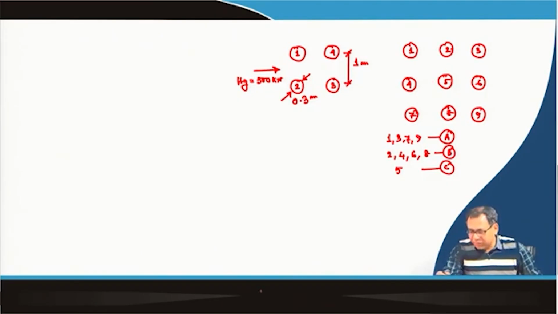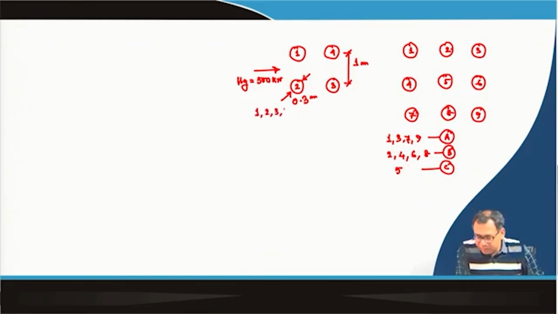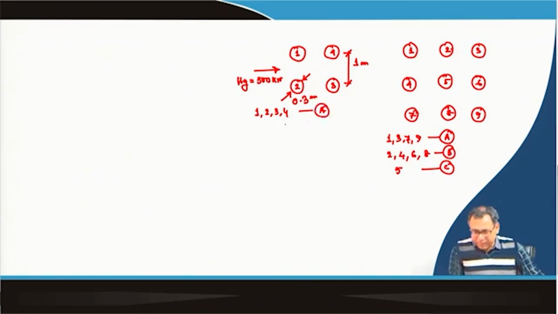So, for this type of 9 pile group, you have to make groups of similar types of piles. But here, for the 4 pile group, all of 1, 2, 3, 4 are in one group, because they are all the same type of piles. So, suppose I am solving this type of problem.